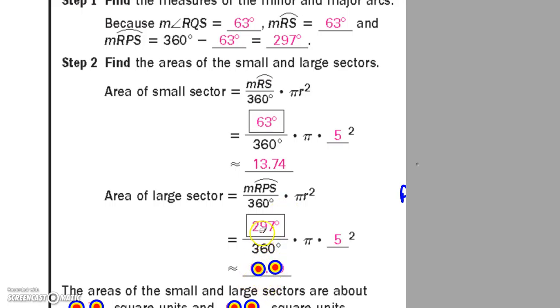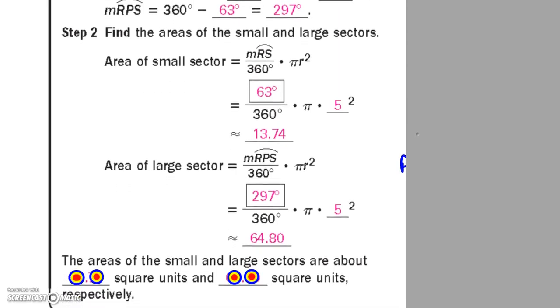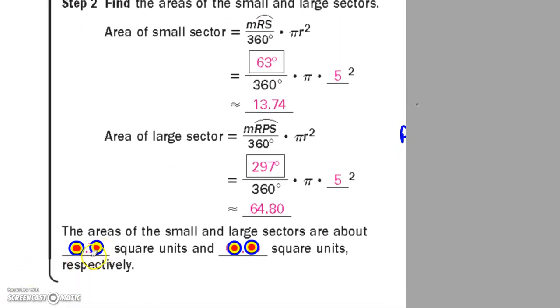Okay, best thing to do is 297 divided by 360. So we have 64.8 is the area of the large sector. Okay, so the areas of the small and large sectors are about 13.74 square units and 64.8 square units.